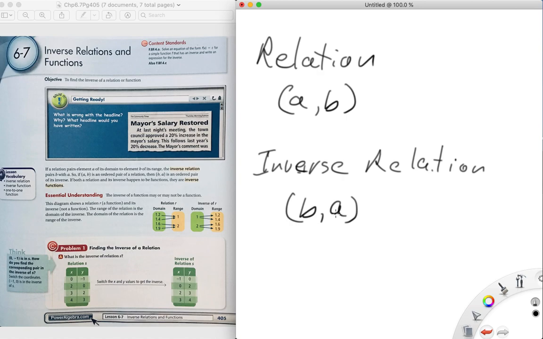For something to be a function, if you remember, every x corresponds to exactly one y, but we can't have an x correspond to more than one y.